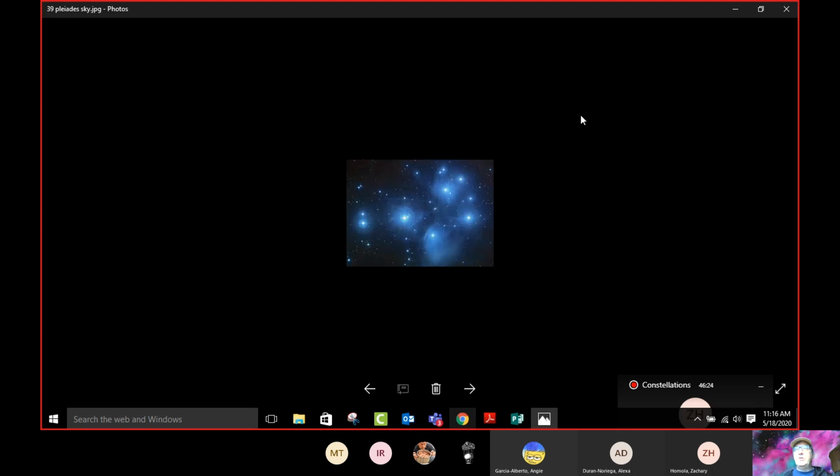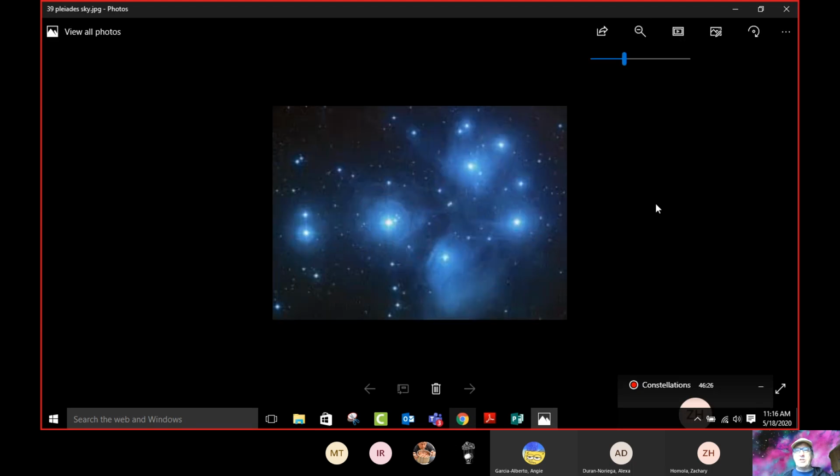So it's the face of the bull, and then at its heart we have the Pleiades star cluster. So let's zoom in on that. It's pretty well known. It's a very beautiful cluster, and these are young, hot blue stars burning up really fast. And you can see they're surrounded by gases left over from the nebula in which they formed.